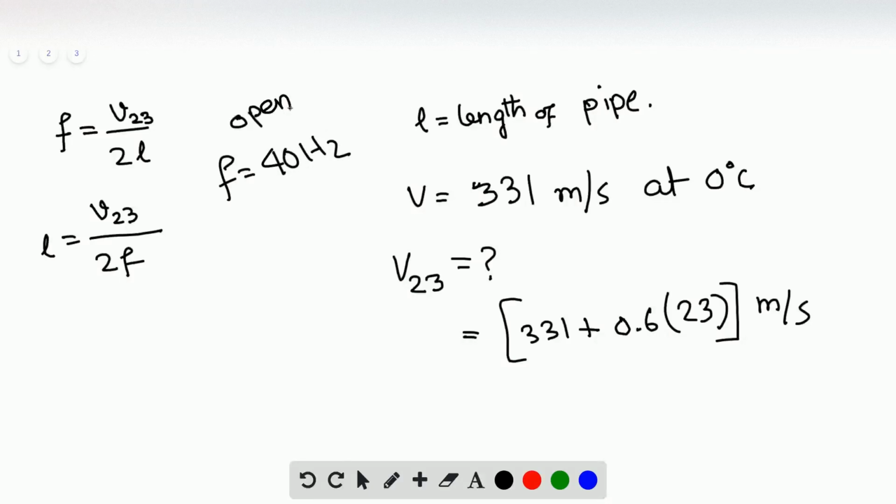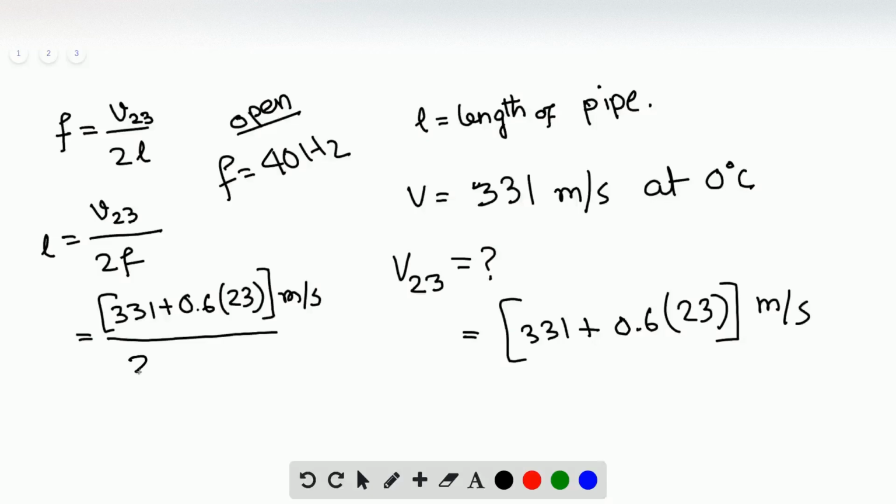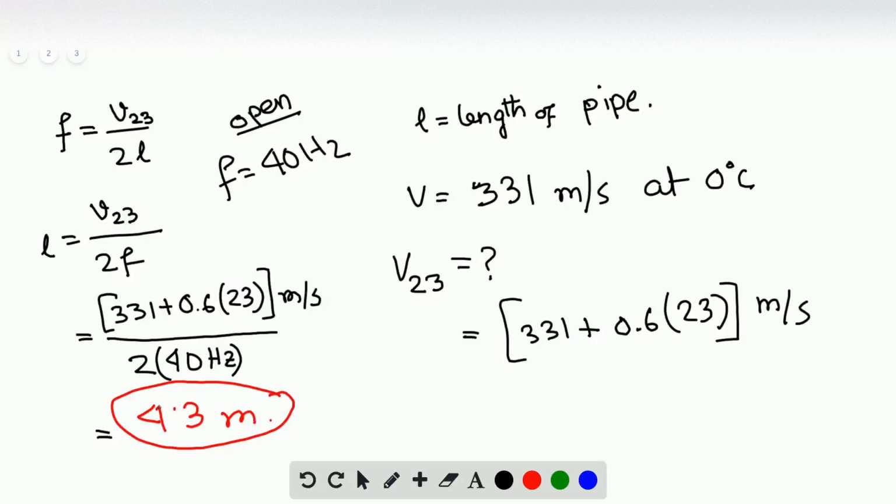If we plug in all the numbers, we'll get 331 plus 0.6 times 23 meters per second divided by 2 times 40 hertz. If we solve for it, we'll get a value of 4.3 meters.